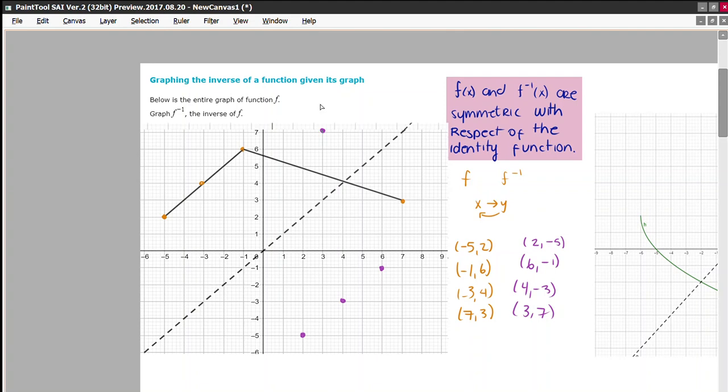And if I advance, I'm going to cross my symmetry line, touch another point, and from there touch these other 2 points. So as you can see, the graph of the inverse function is symmetric with respect to this line. So f and f inverse are symmetric.